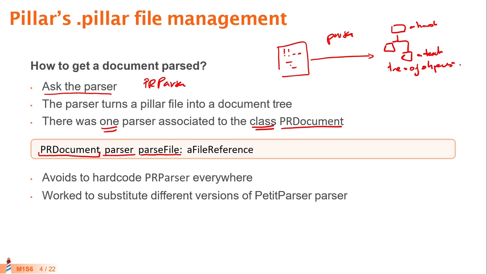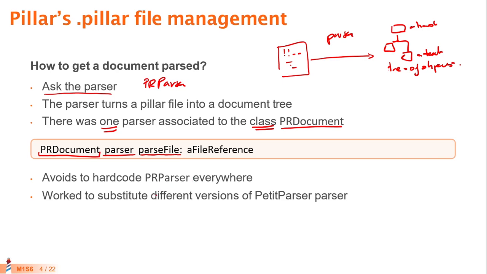We send the message parser file with the file as reference. In this version it was already good because it avoids hardcoding the parser everywhere in the code. We only had one single entry point to access the parser.